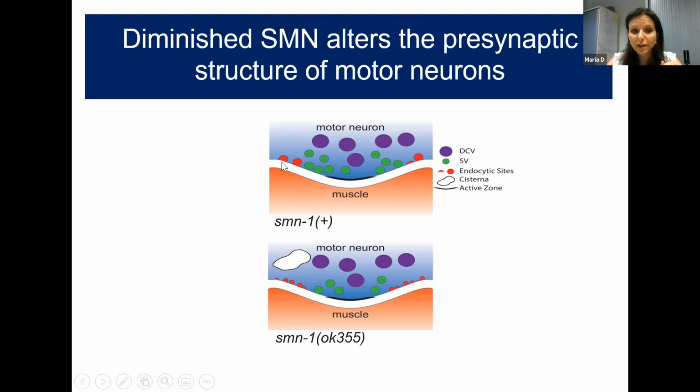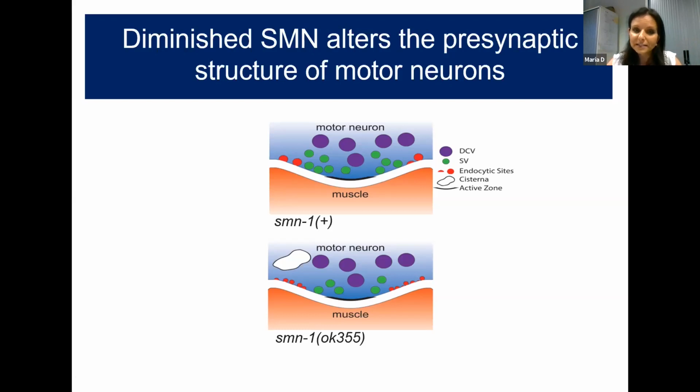And also the red structures here, these are the proteins I was telling you before that help synaptic endocytosis to take place in the neuron cell. And you can see that these structures are much smaller in size, but that you've got more.